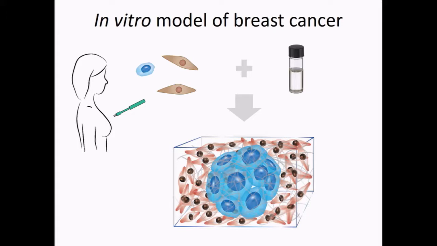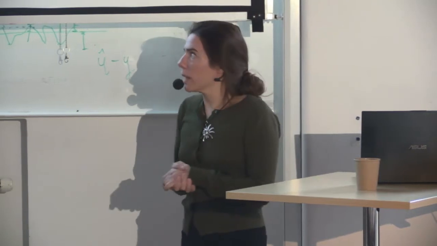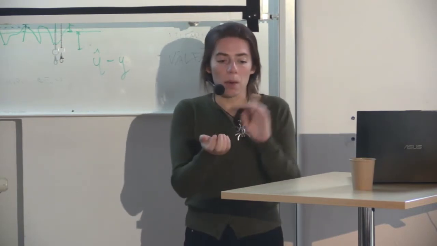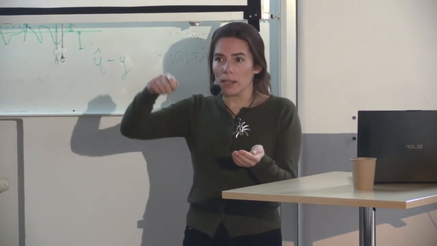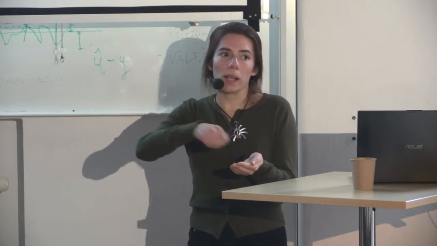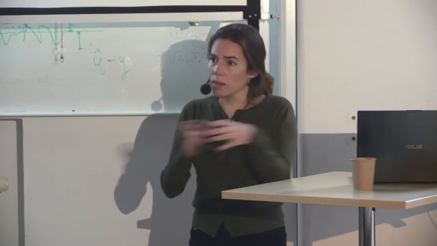When a patient is diagnosed with breast cancer, the tumor is removed and used for a diagnosis. We have a collaboration with the Bröstcancercentrum at KI, and with help from them, when they take out the tumor, they can just gently scrape to get a few cells without destroying the diagnosis of the tumor.